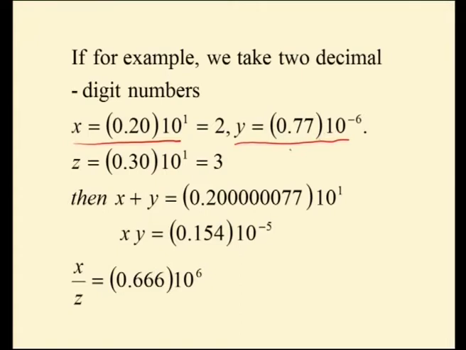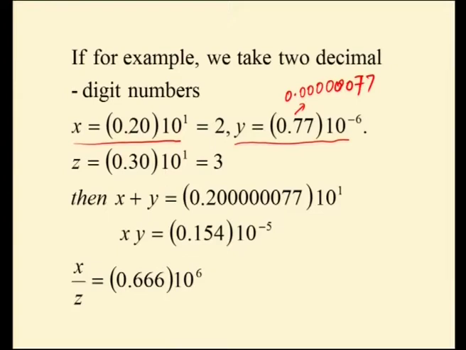So, you have to write this as 0.0000077. Okay. Actually, here x is equal to 2 is 0.2 into 10 to the power 1 is equal to 2, and y is equal to 0.77 into 10 to the power minus 6 is written as 0.00000077.